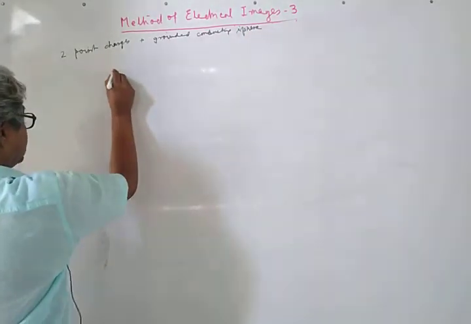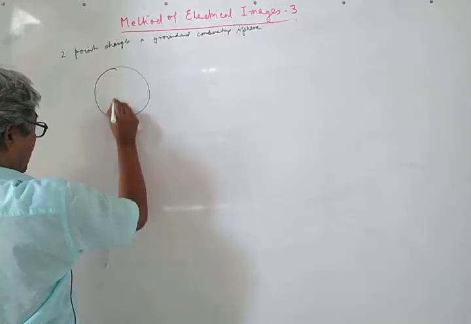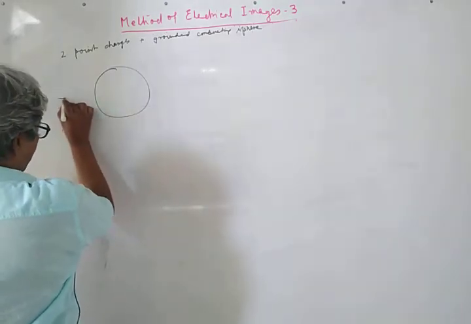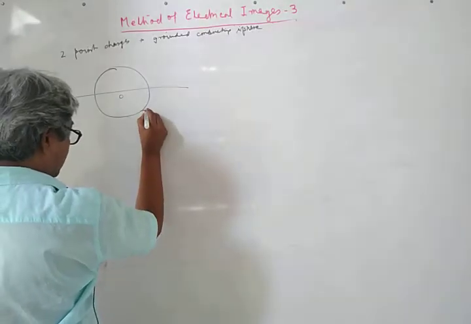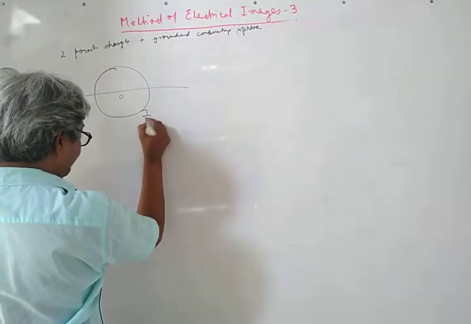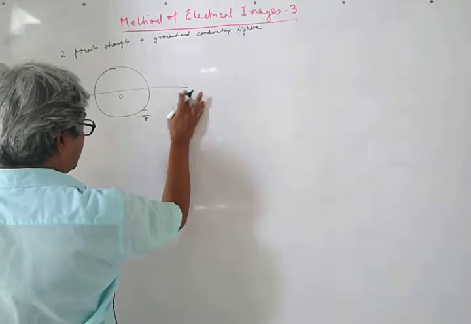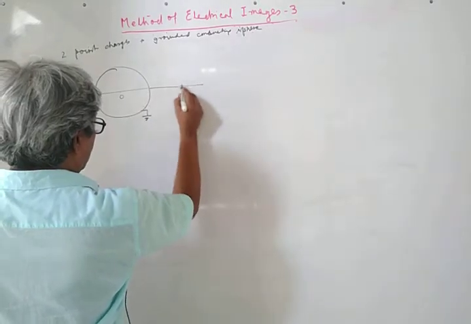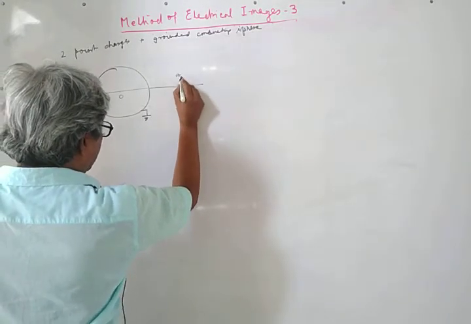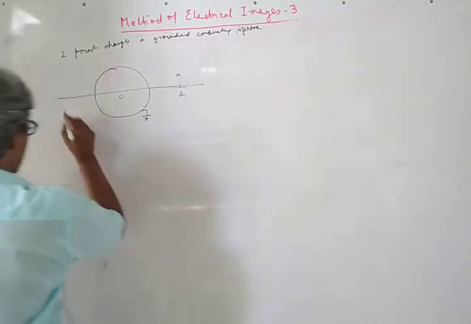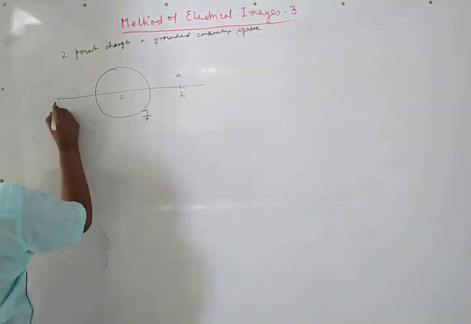So we consider a sphere which is a grounded one of radius a, and we consider a diameter, it is the center of the sphere. We have a charge q1 placed at a1 and a charge q2 is placed at a2.